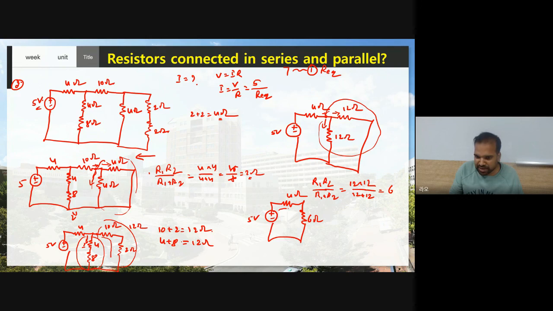Now the same current is flowing, so it won't get divided. Therefore this 4 and 6 are connected in series. Therefore 6 plus 4 will be 10 ohm. Therefore I can also replace this circuit like this: a single resistor, R equivalent equal to 10 ohm, and this is 5 volts. What is our formula?